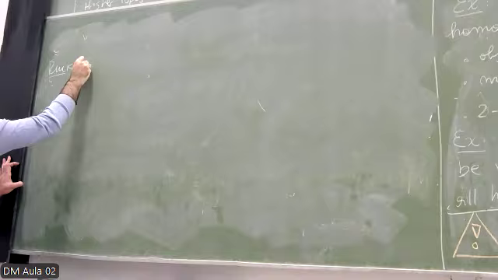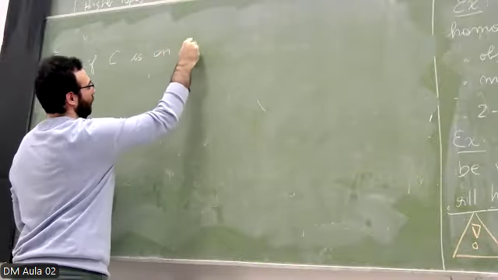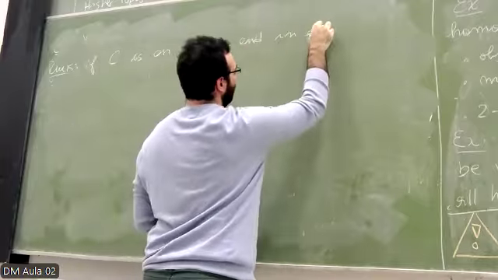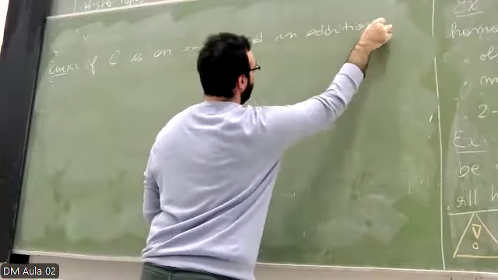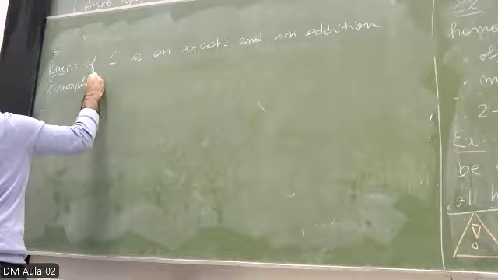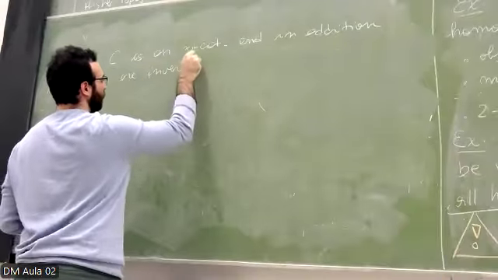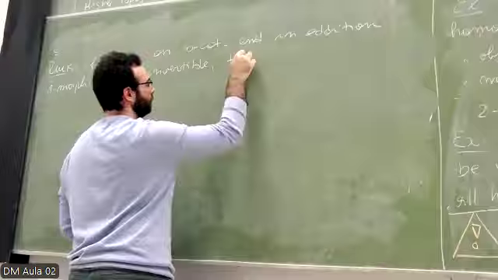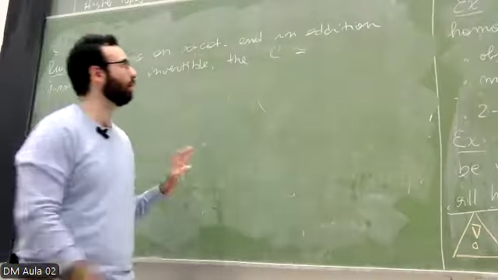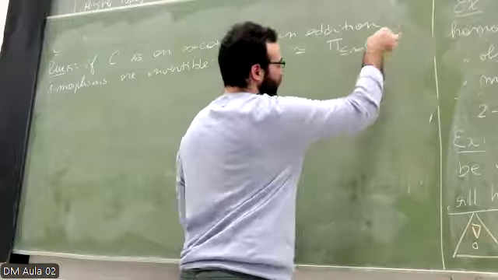So the remark is, if C is an infinity category, and in addition, one morphisms are invertible, then it's equivalent, in a sense that I haven't defined, but I will, to the infinity groupoid of a space.